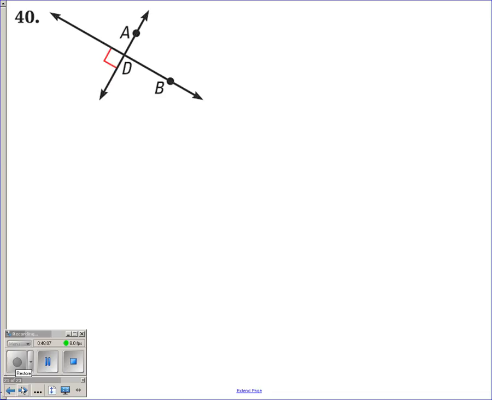Well, angle ADB. Look at this. We've got two lines, line AD and line BD, and they are perpendicular because we see a right angle at this intersection, and perpendicular lines always form 4 right angles. So even though it's not marked, the measure of angle ADB has to be 90 degrees.